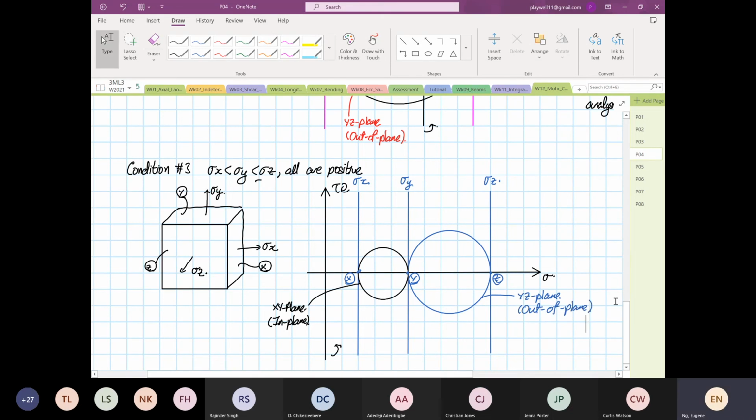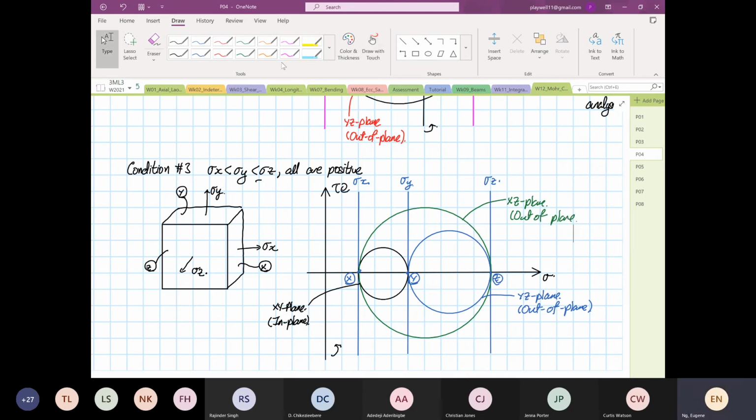And finally, this is our XZ plane, which is again out of plane.